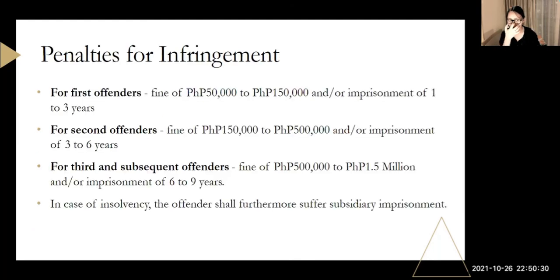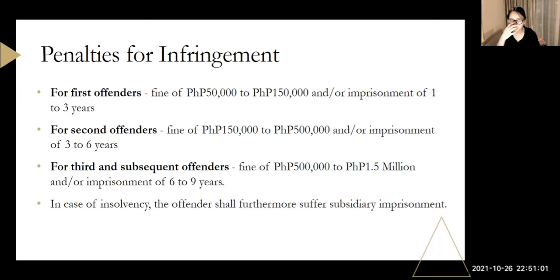So lastly is yung penalties for infringement. So na-change yan according dun sa Official Gazette. Ito, send ko na lang or post ko na lang yung link kung saan nanggaling yung information. So first offenders, yung fine is 50,000 Philippine peso to 150,000 Philippine peso and or imprisonment of 1 to 3 years.